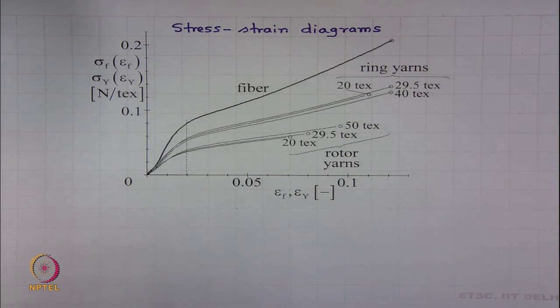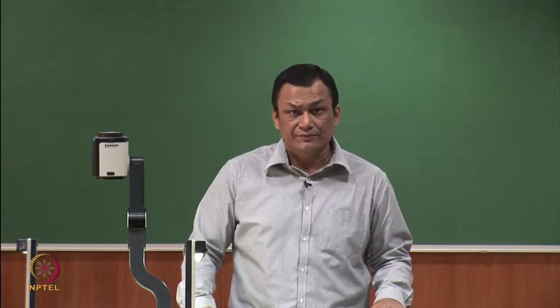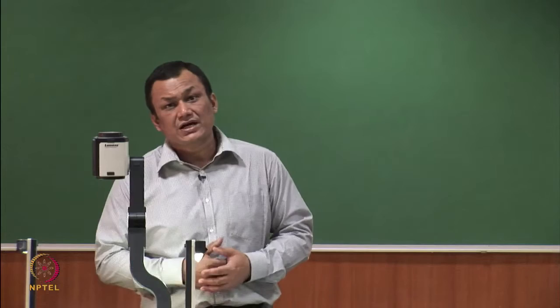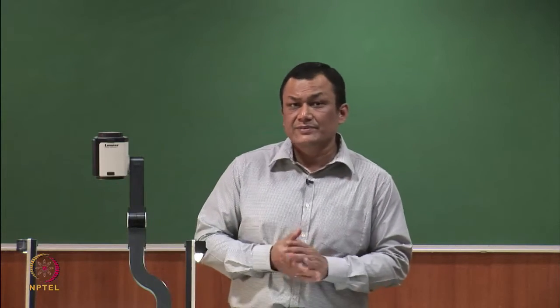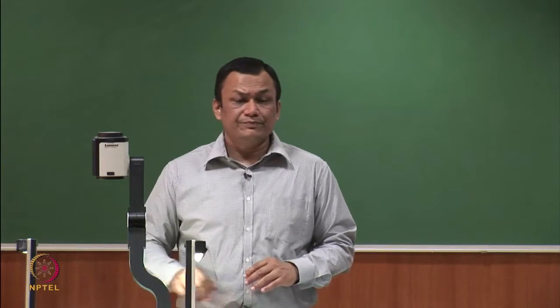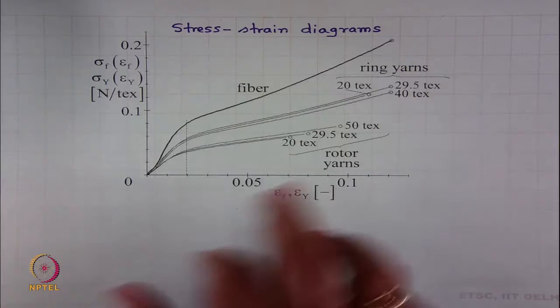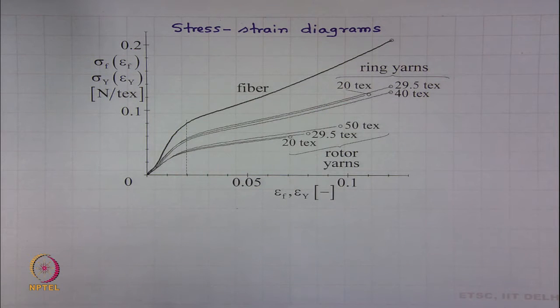Now, if you remember, in the last class we showed you a schematic stress strain diagram of fiber and yarn. Here it is the actual stress strain diagram of fiber and yarn. They are very similar in the sense that the fiber stress strain curve is lying over the yarn stress strain curve.